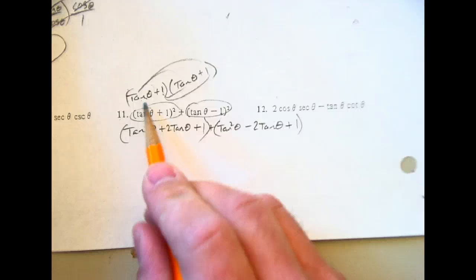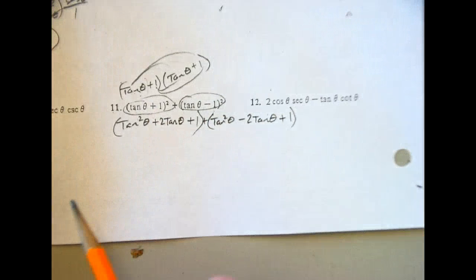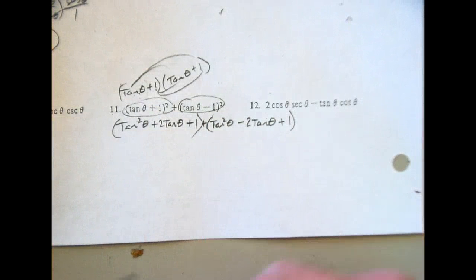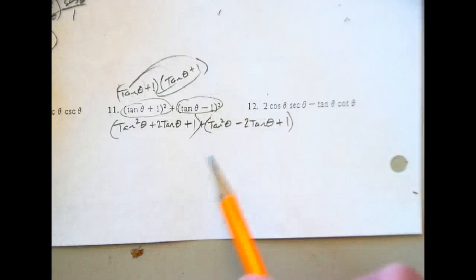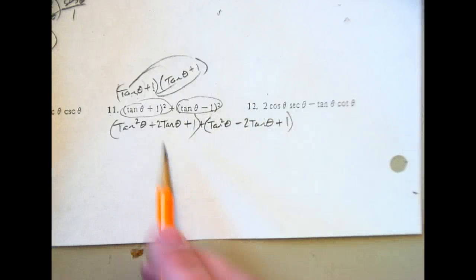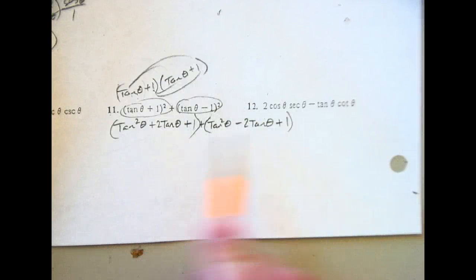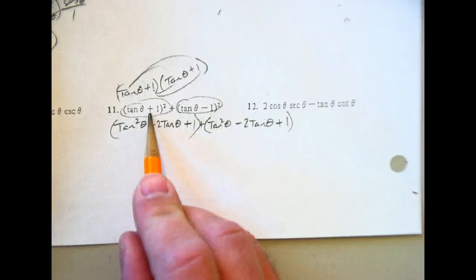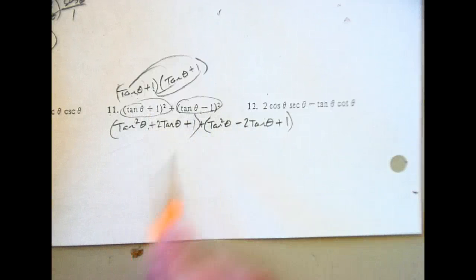Now, if you look at that and you're like, I have no idea how he got that, then you need to write them side by side and FOIL them out, if you don't know that pattern. If you know the pattern, it makes life a lot easier. We learned that back when we were dealing with binomials times binomials. So right here, the parentheses don't mean anything other than I've changed this into that, and that into that.